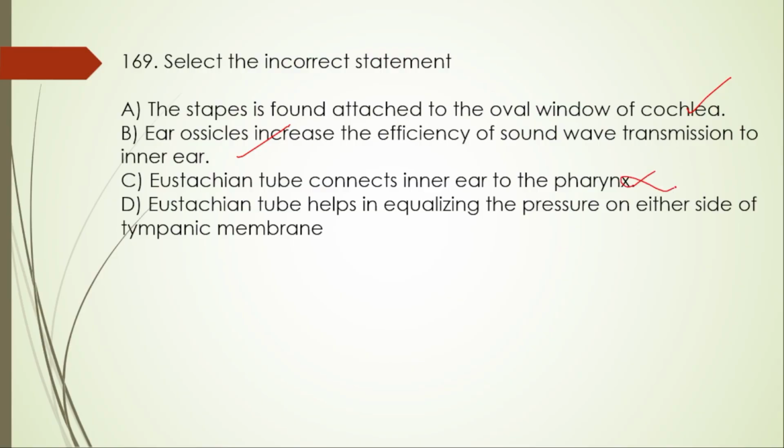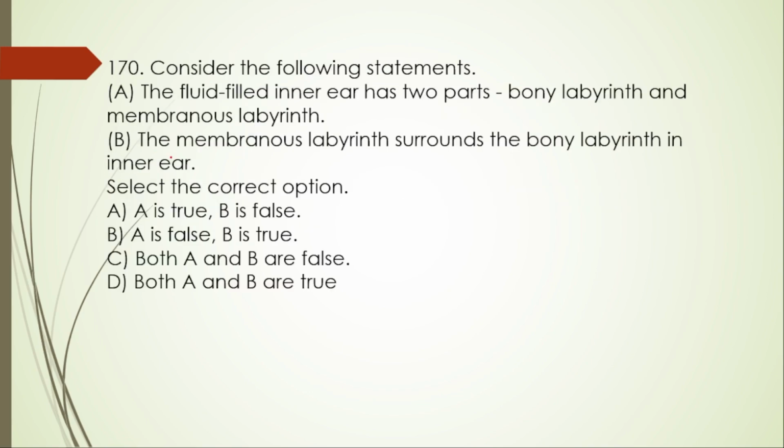This one is wrong because the Eustachian tube connects the middle ear to the nasopharynx, not the pharynx. And then last, the Eustachian tube helps in the equalization of pressure on either side of the tympanic membrane. This one is true. So which one is incorrect means C is incorrect.